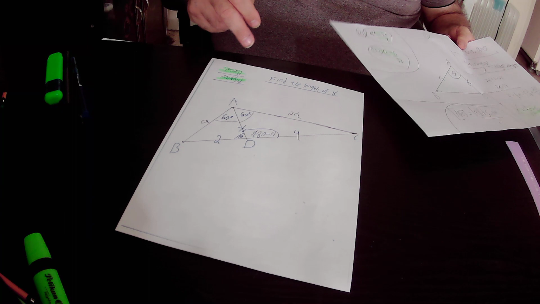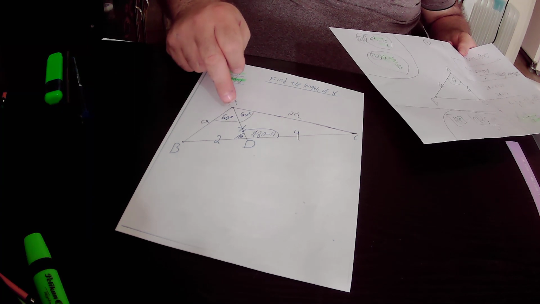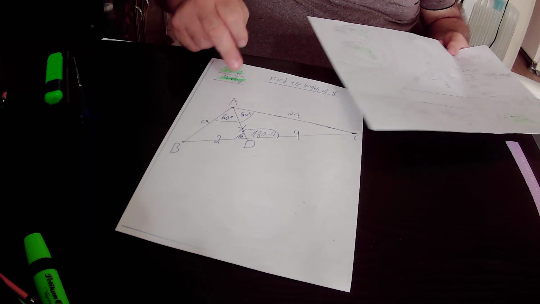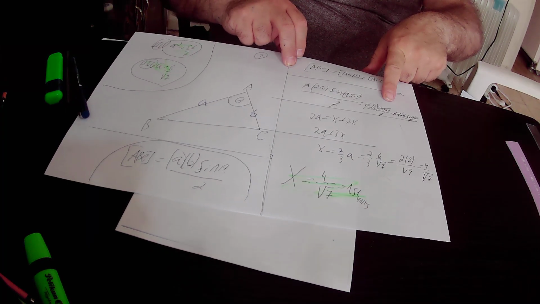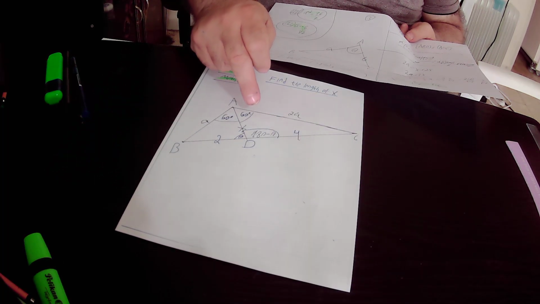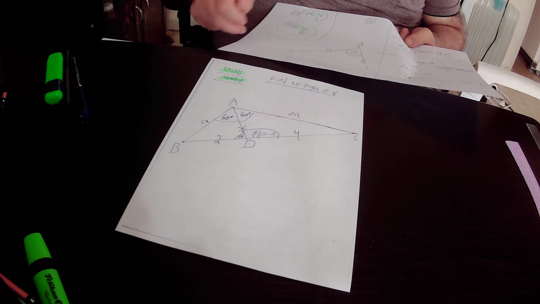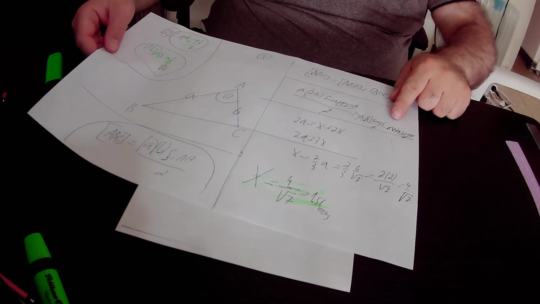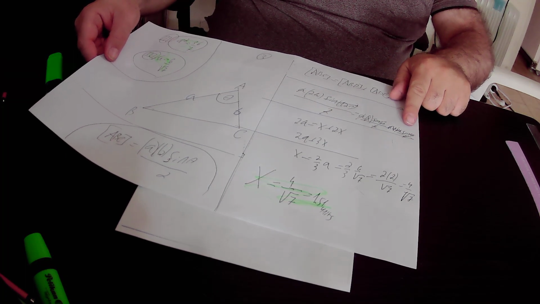The area of triangle ABD, according to the formula, will be equal to A times x times sine 60 degrees over 2. And the area of triangle ADC equals x times 2A times sine 60 degrees over 2.